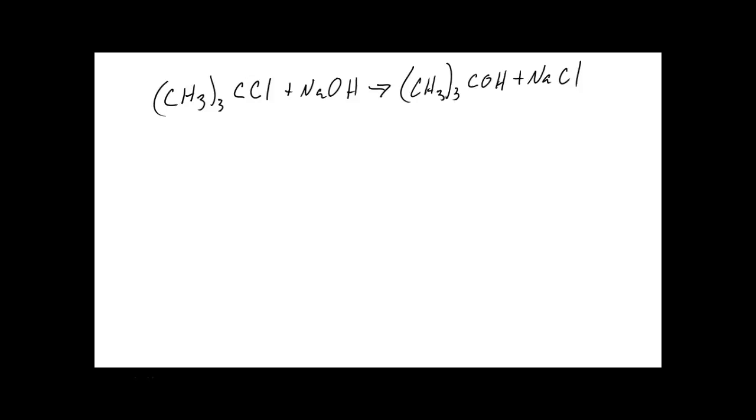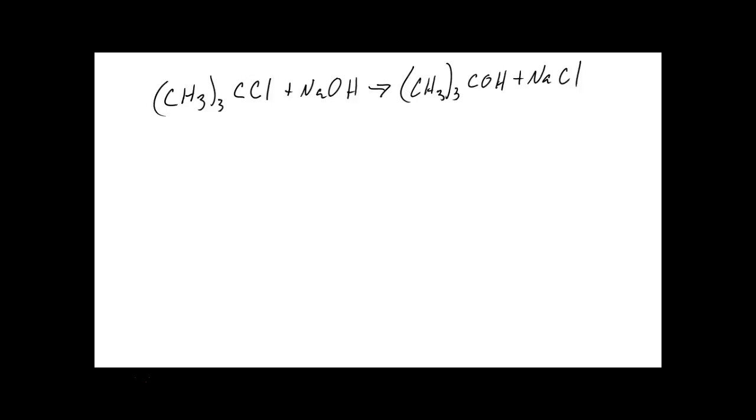CCl, okay, that's the chloride part. So this is T-butyl chloride plus sodium hydroxide, a very strong base. Interact those and you get an alcohol, T-butyl alcohol plus NaCl, salt, okay?